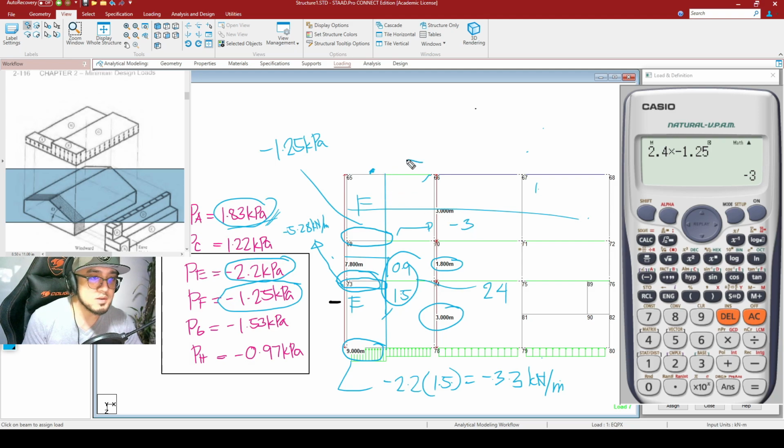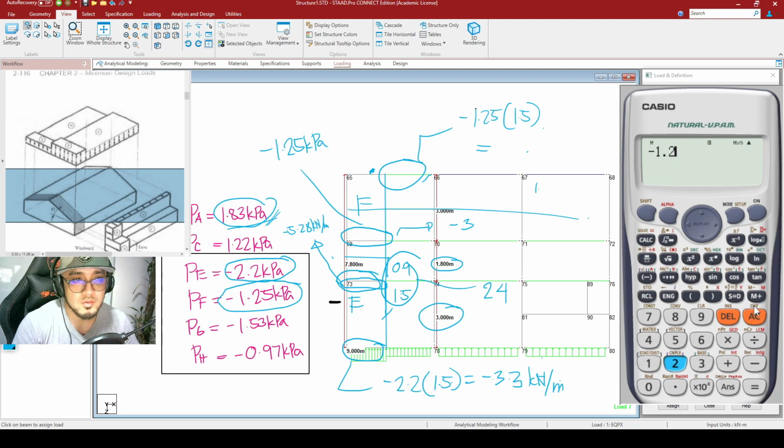And for this beam right here, this is basically negative 1.25 times 1.5. So this is once again equal to negative 1.875. So negative 1.875 kilonewtons per meter.